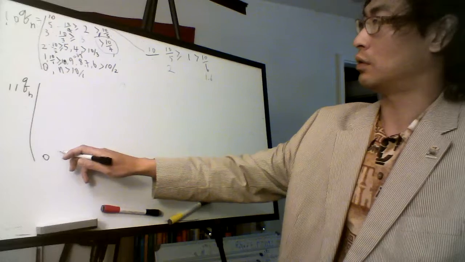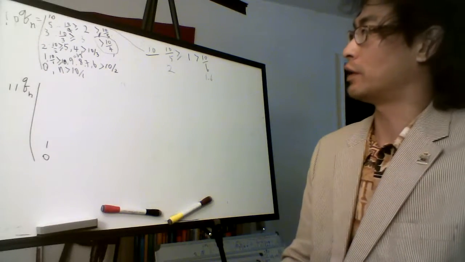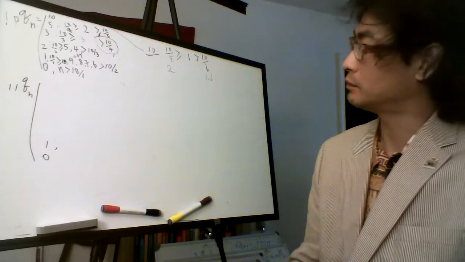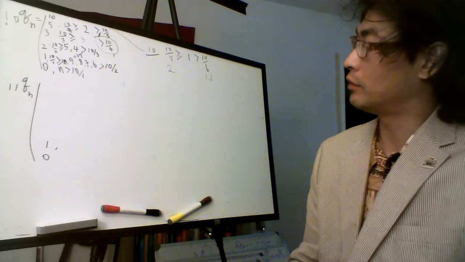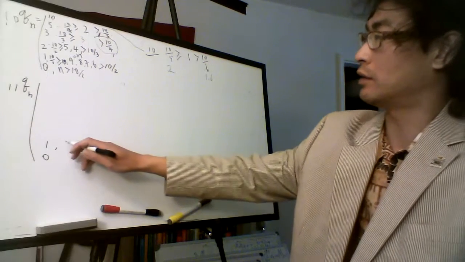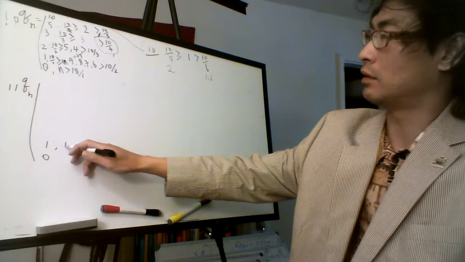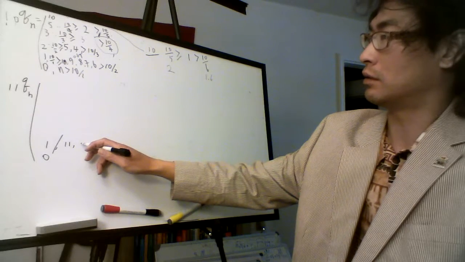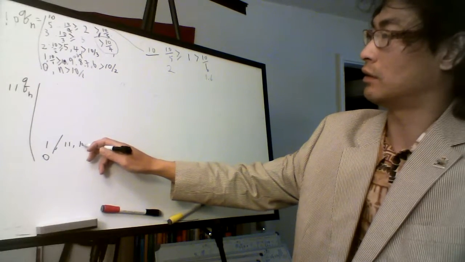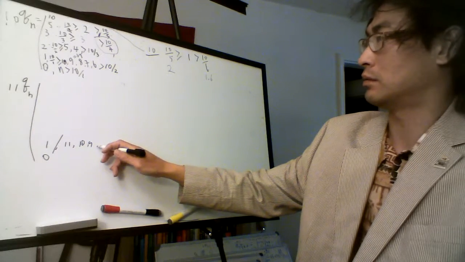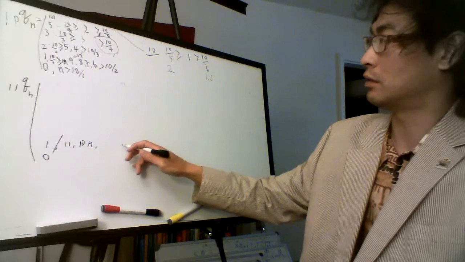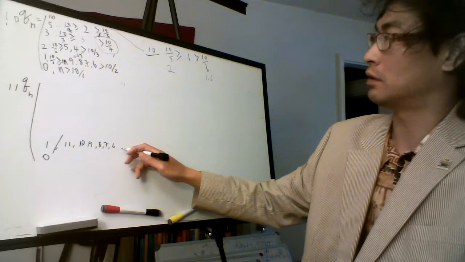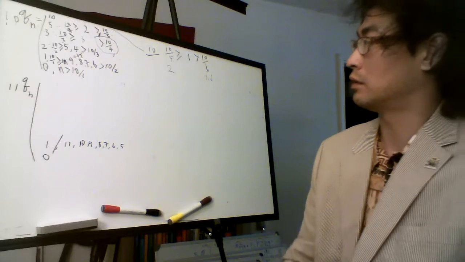We'll use some shorthand. When we divide this by 11, 10, 9, 8, 7, 6, the quotient is 1.